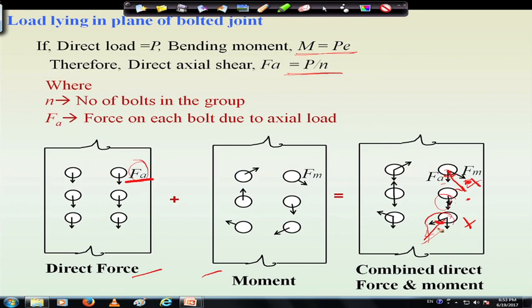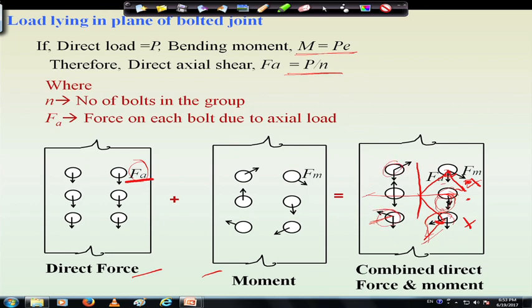The resultant force will be the same, because the radial distance from here to this bolt and to this bolt is the same. However, in this case it will simply add, but in this case it will be reduced. This Fr value will be less, and here it will be Fa minus Fm, so it will be much less than this.